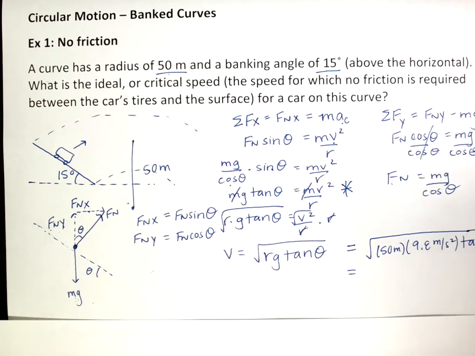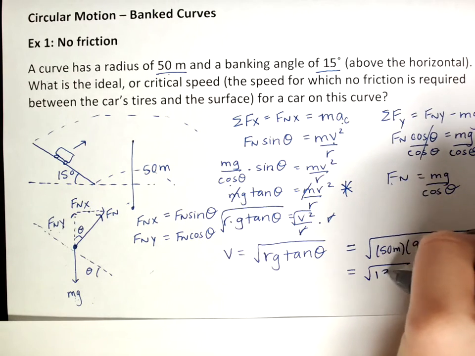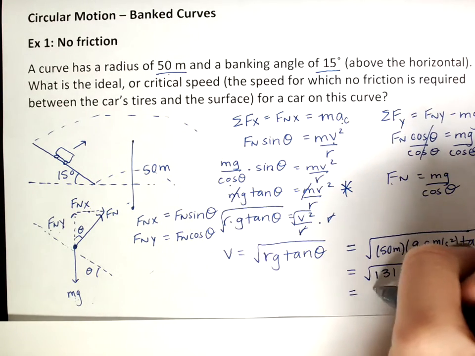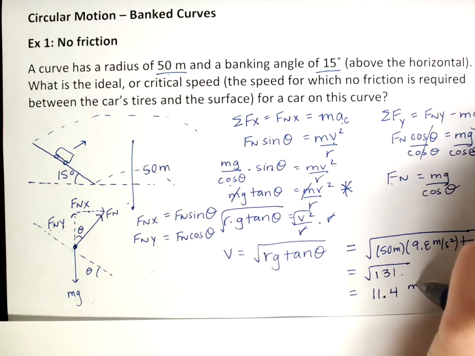You get the square root of 131 point something, and that is 11.4 meters per second.